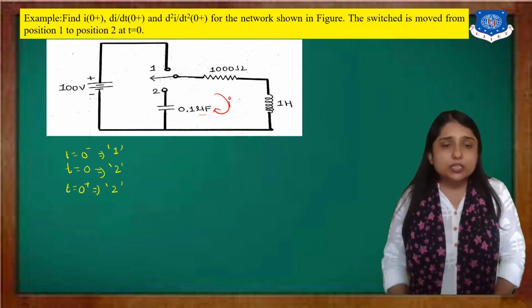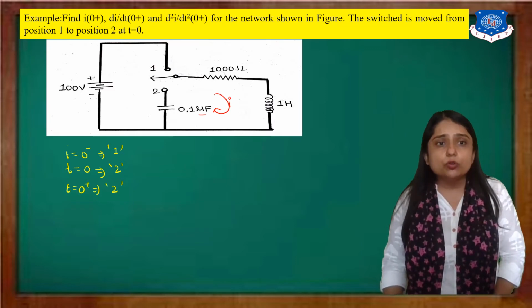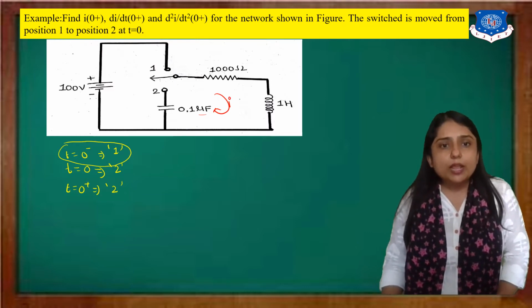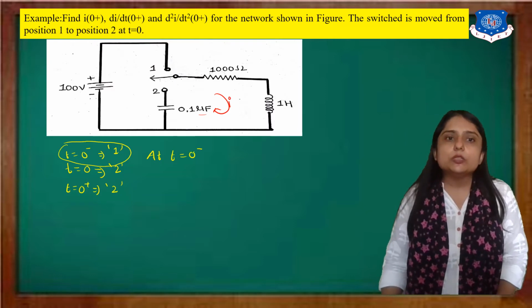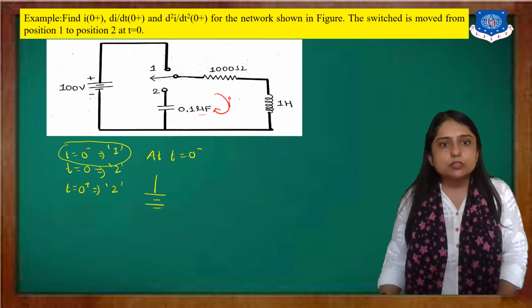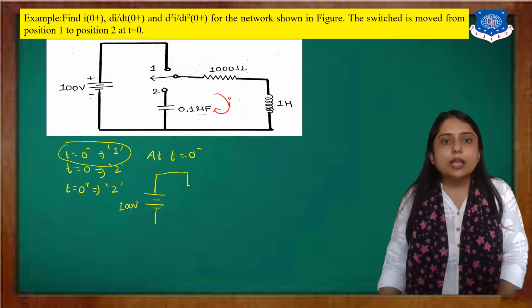So in this example, you have to draw this circuit first at t equal to 0 minus. At t equal to 0 minus, we know my switch position is 1. So first of all, this voltage source of 100 volt, then I have a resistance of 1000 ohm.